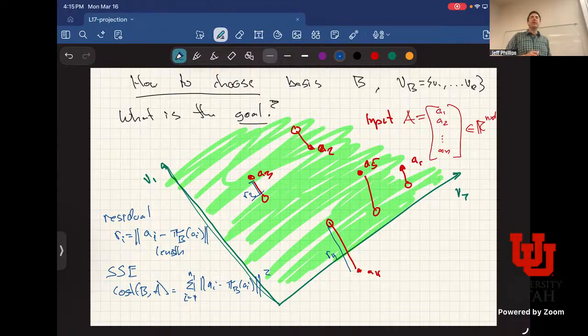What was another reason that we liked the sum of squared errors before? For instance, in the one-dimensional case where we could take the mean of the data, or when we were doing regression. In regression, we had this cool algorithm where we had a closed form solution for the answer. We could do this matrix inverse.